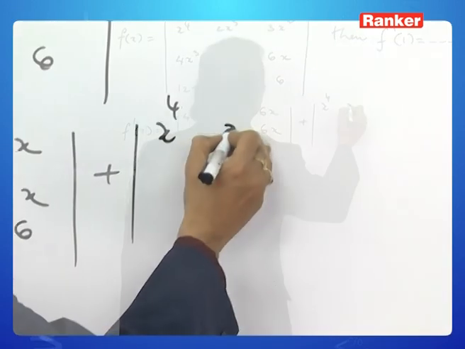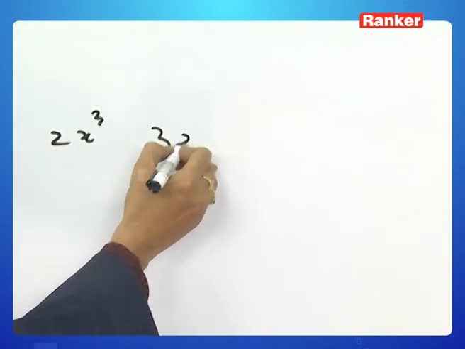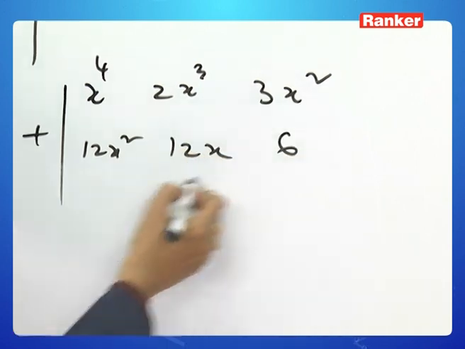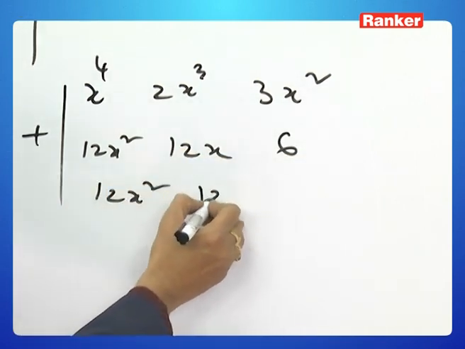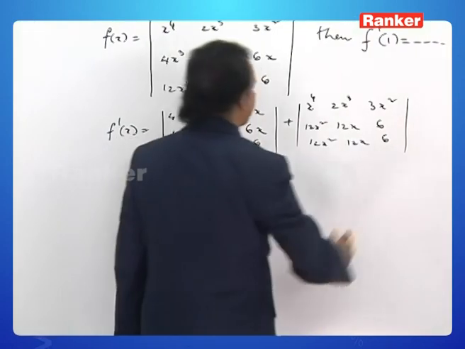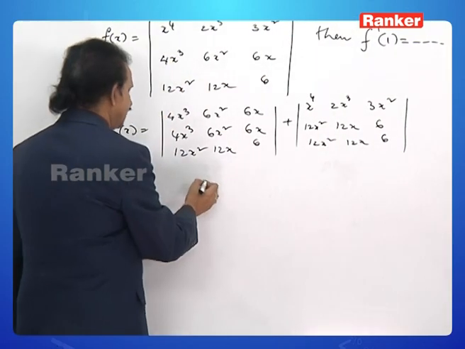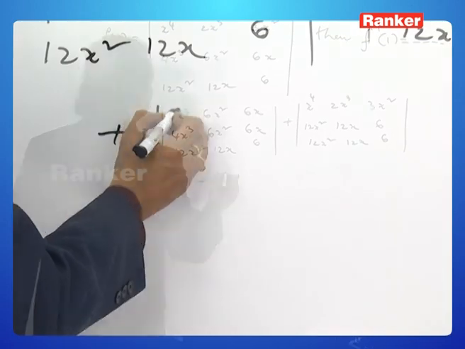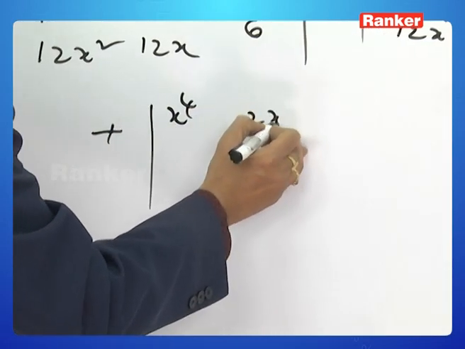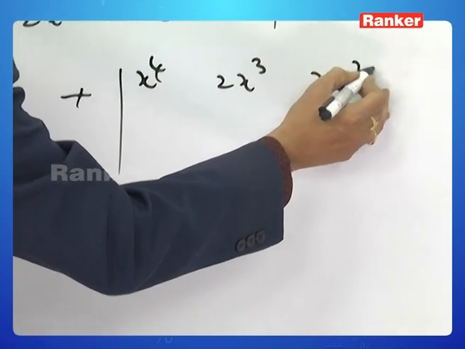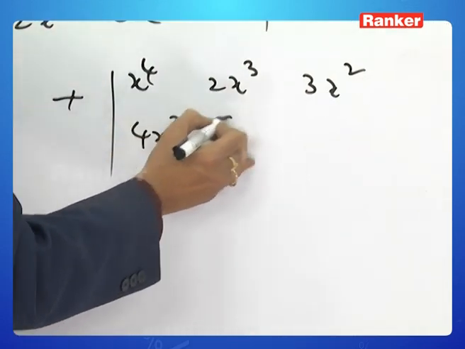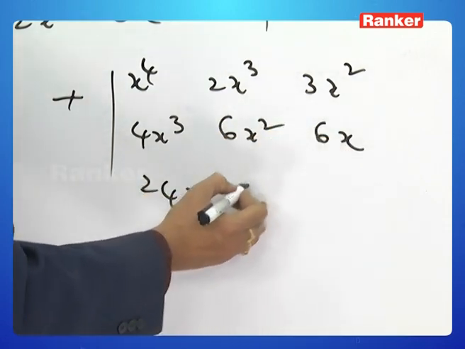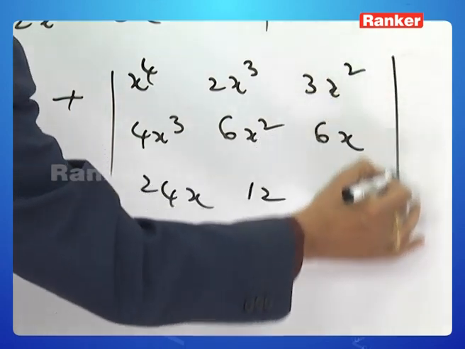X power 4, 12x square, 12x, 6. Plus, now the chance will come to the elements of the third row. X power 4, 2x cube, 3x square, 4x cube, 6x square, 6x, 24x, 0.